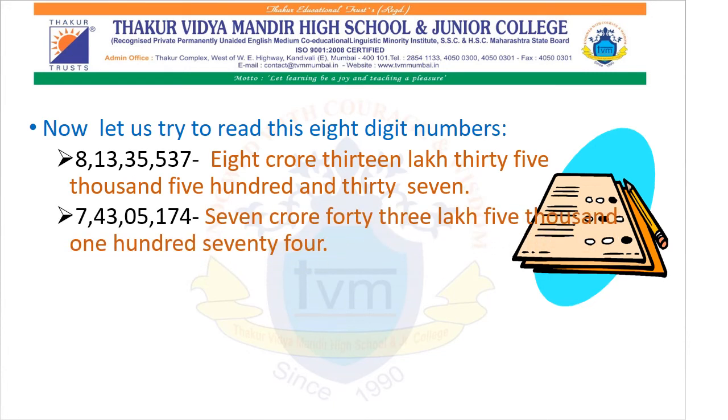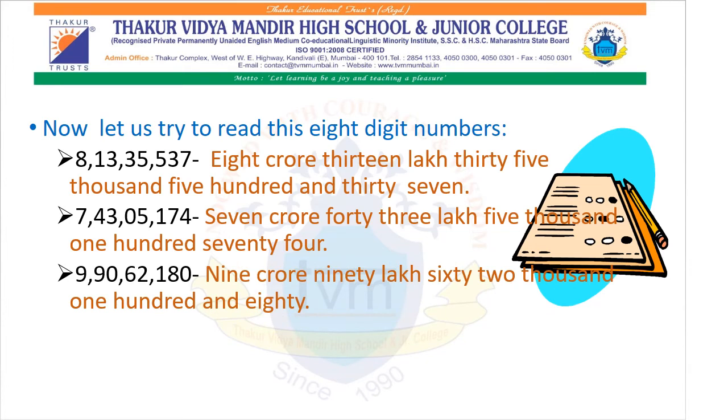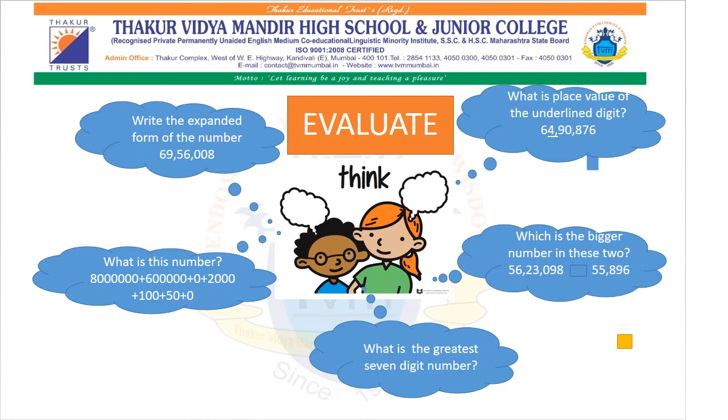The second number for you is 7 crore 43 lakh 5,174. Good. Third number is 9 crore 90 lakh 62,180. Very good, children. You have to just practice these sums.